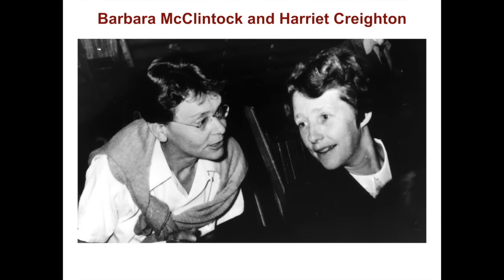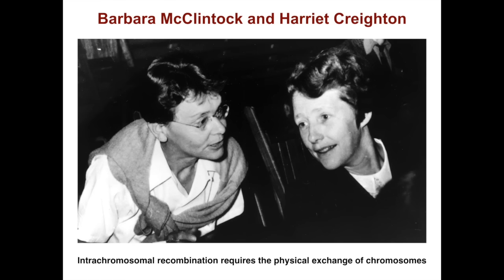Barbara McClintock and Harriet Creighton studied corn, and they had some interesting corn specimens that had some chromosomal abnormalities. And they used this to discover that intrachromosomal recombination, such as the Morgan lab was working on, requires the physical exchange of chromosomes.